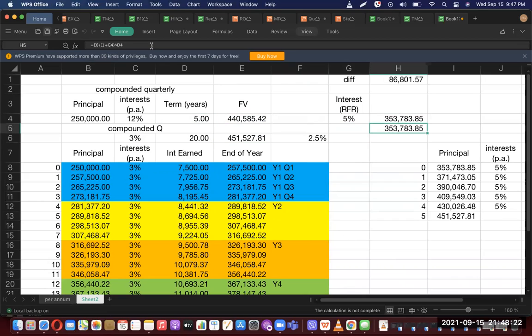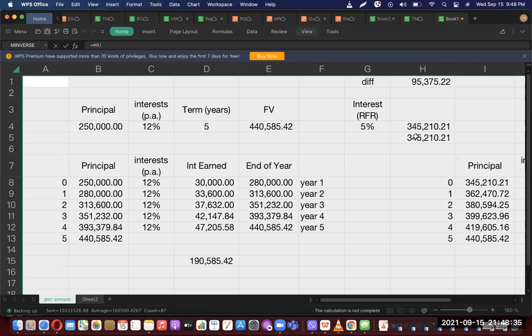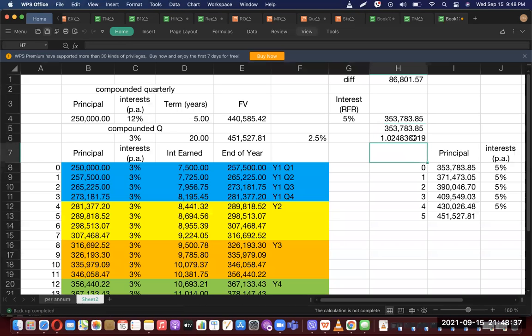Earlier, the value was, let's go back, right? Earlier the value was 345. Now it's 353. So 353 divided by 345. Let's see how much it changed. So it changed by the same, right? 2.48%.